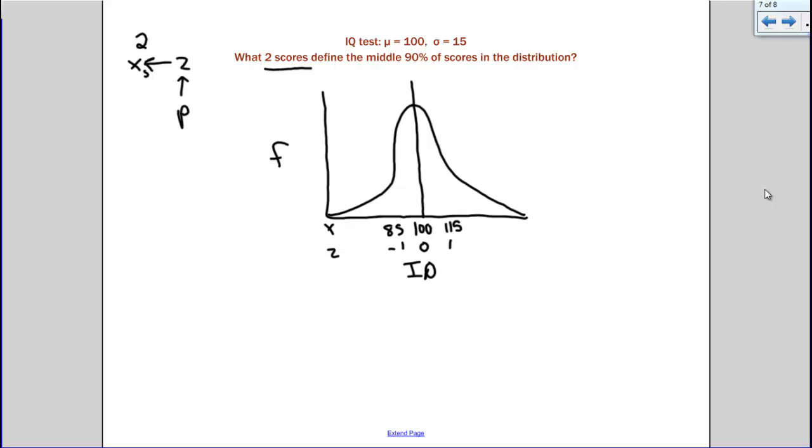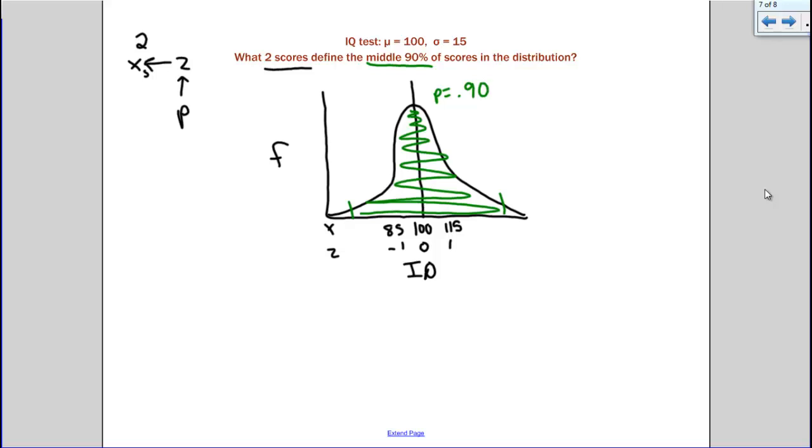So the middle 90% would be all of this. The middle 90% of the distribution, or the middle P equals 0.90, right? You can just take percent and divide it by 100 to get the probability.